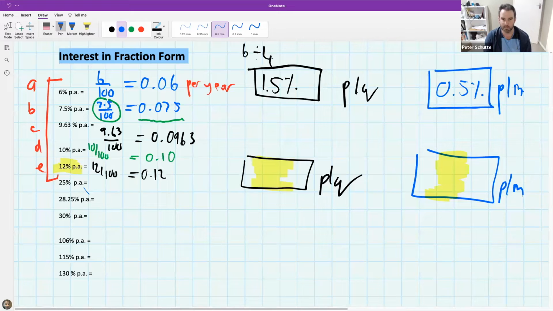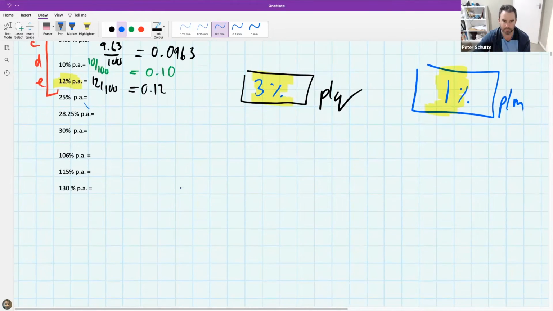Well, we're just going to divide it by 4, which gives me 3% per quarter. And what's it going to be per month? It's just going to be 1%. Okay. I'm going to move on from this because I think you've all got the basics of this. I just need to make sure you could do that conversion, but things are looking good to me.